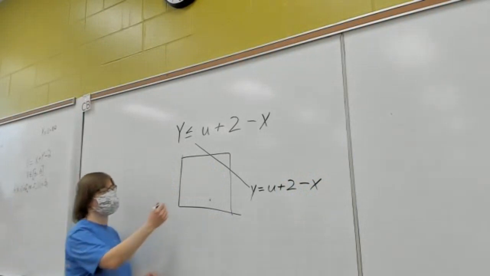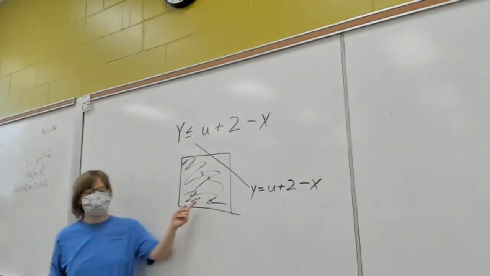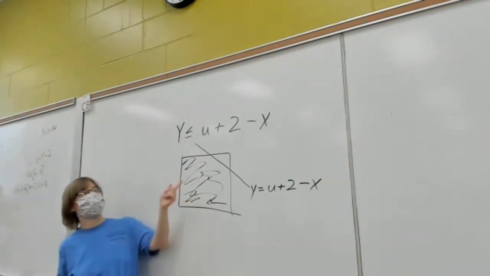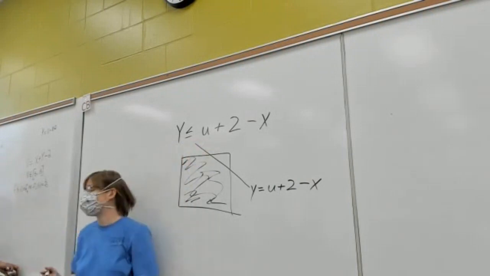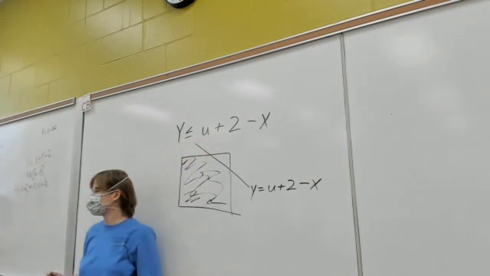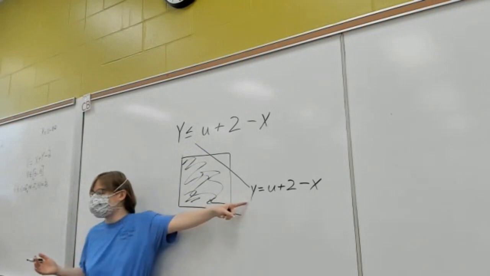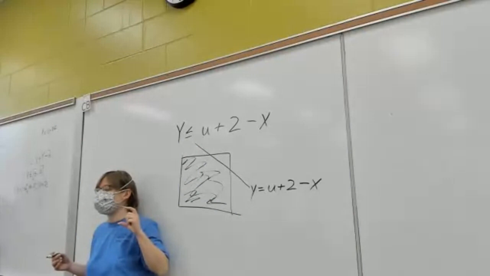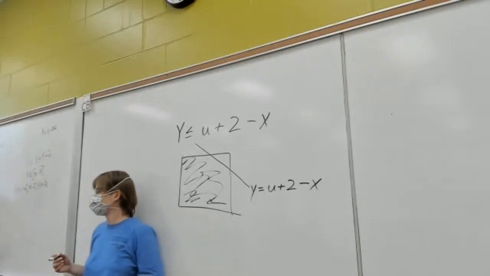That way, the region we're integrating over, all of the shaded region, are the combinations of x and y that satisfy y being less than or equal to u plus 2 minus x. And the reason why this is important is that being able to find the equation of this line is useful for setting up our bounds of integration when we go to integrate over this region. Questions about this?